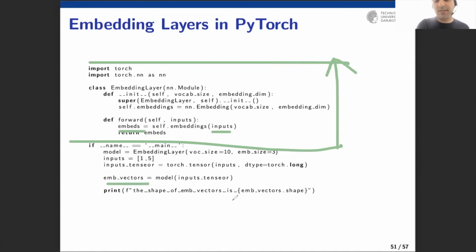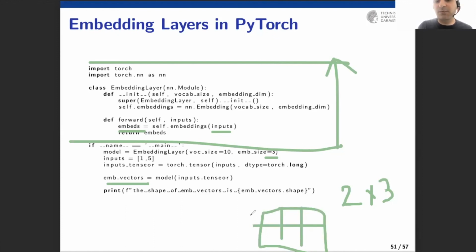You can also see the shape of the output, like what is the dimension. Since we have two words here, we expect that we receive two vectors times embedding size 3. So we expect to see a dimension of 2 times 3, right? We expect to see a matrix with 3 columns and two rows.